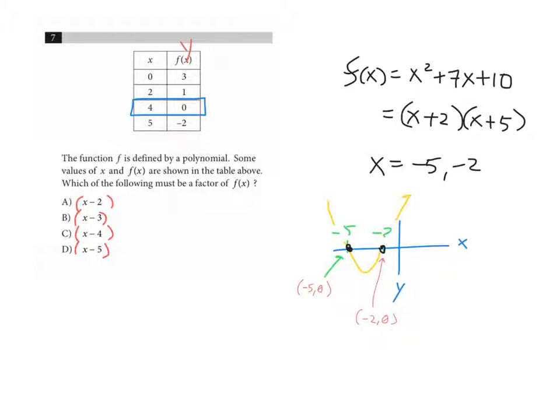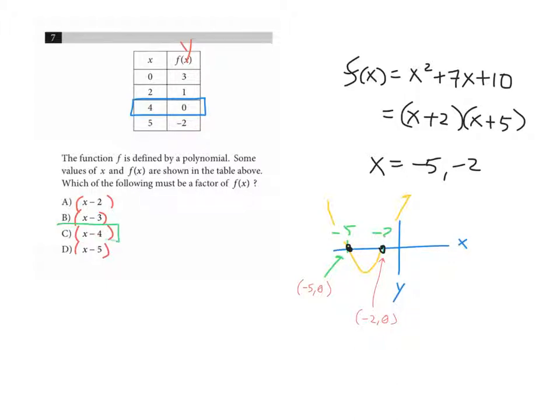Now, what did we say about the x-intercepts here? You had a negative 2 corresponding with this 2. You had a negative 5 corresponding with this 5. So again, the x-intercept is always going to be the opposite sign of what's actually inside the factor. So this x-coordinate of 4 right here is going to be the opposite sign of what's inside the factor.